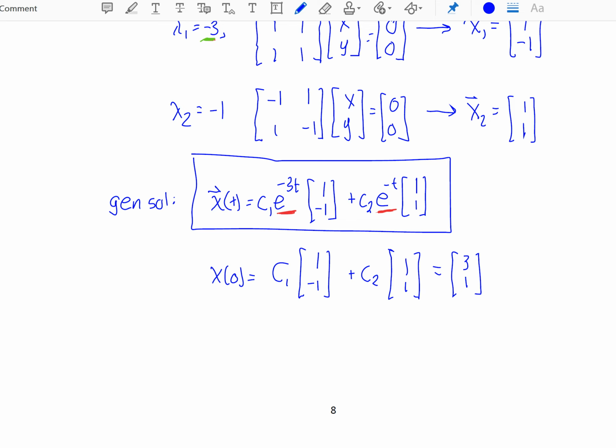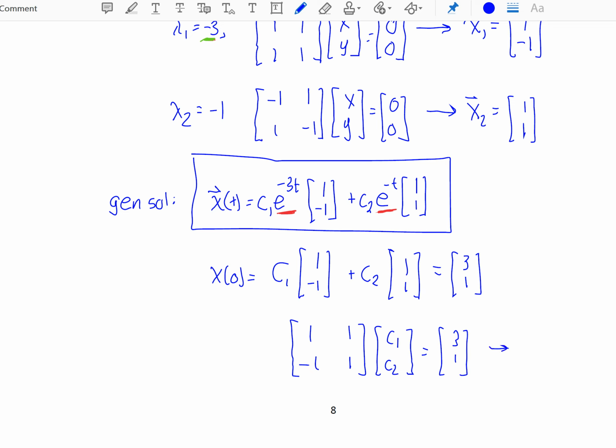And while there's lots of ways to approach this, I'd like to write this as a matrix equation. So matrix A times a vector of unknown constants c1 and c2 will produce 3, 1.